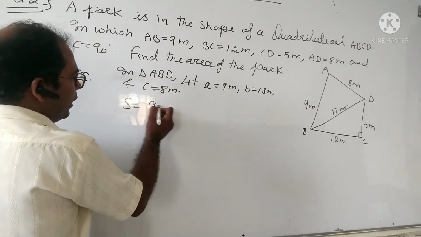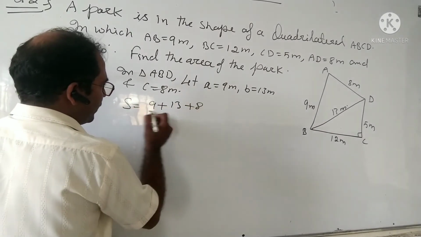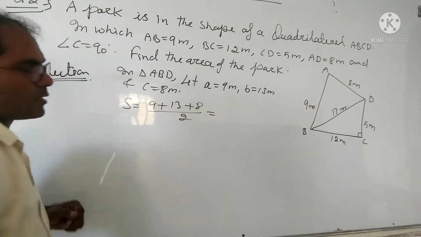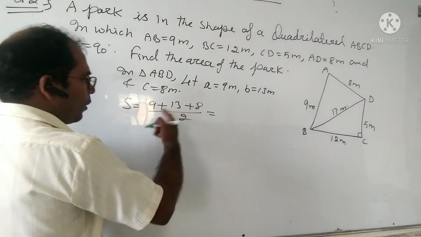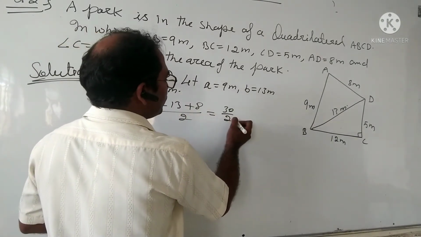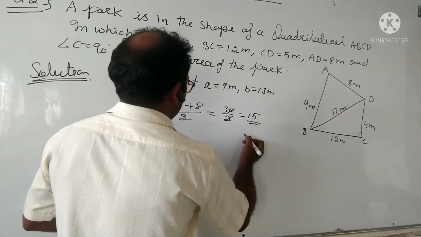Then s equals 9 plus 13 plus 8 upon 2. This is the semi-perimeter. Already we have found it, so the same formula we are using. Now how much will it be? That will be 30 upon 2, equals 15 meter.